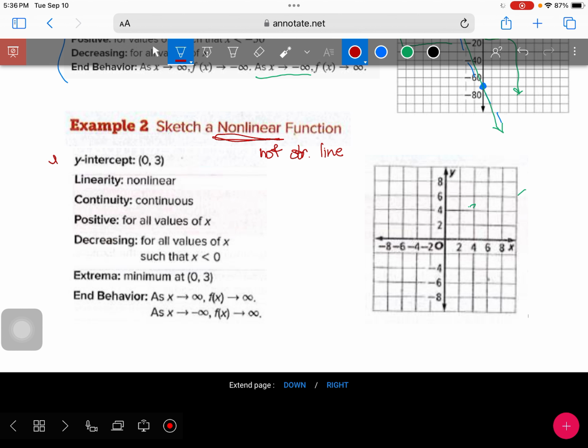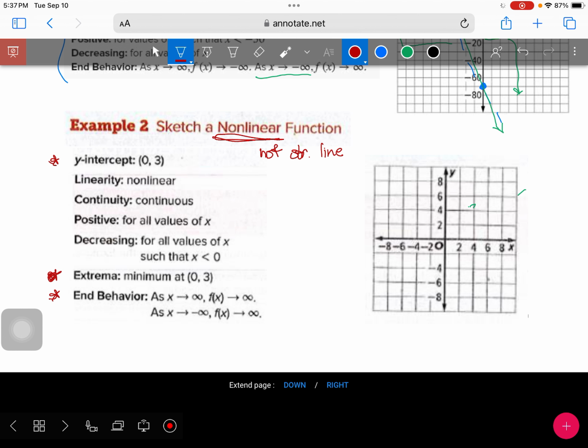Anytime you have intercepts, those are very important because they usually give you a particular point. Extrema, that's really important. It says a minimum at 0.3. Now, it doesn't say absolute minimum. It doesn't say relative minimum. So we might have to check into that. And then your end behavior is also important.